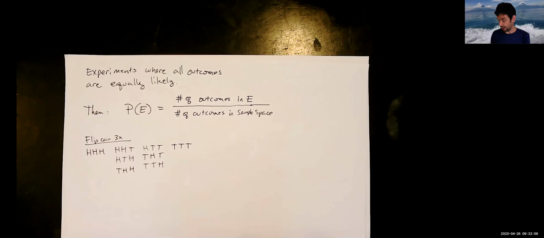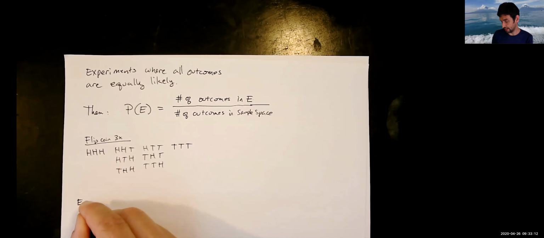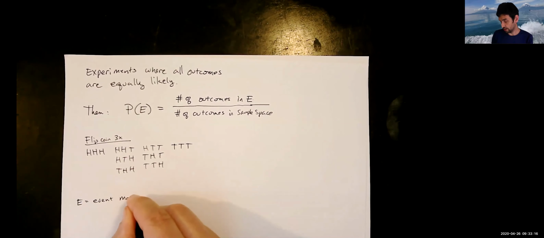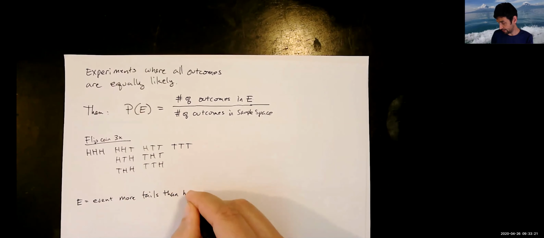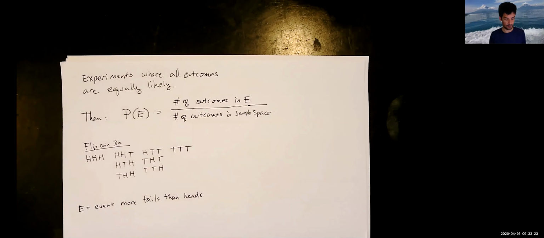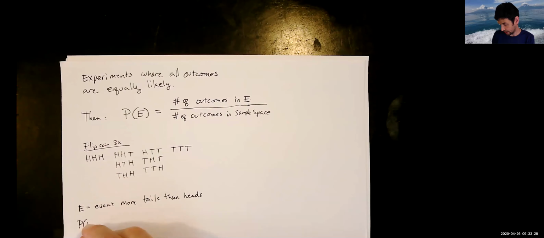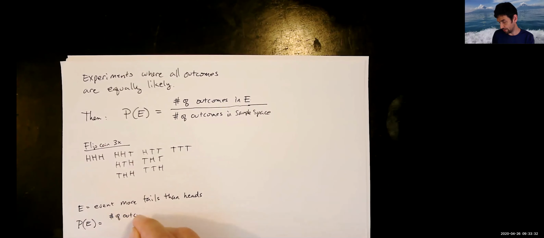Okay, so let's say E equals the event more tails than heads, then the probability of event E is the number of outcomes in E divided by the number of outcomes in the sample space.